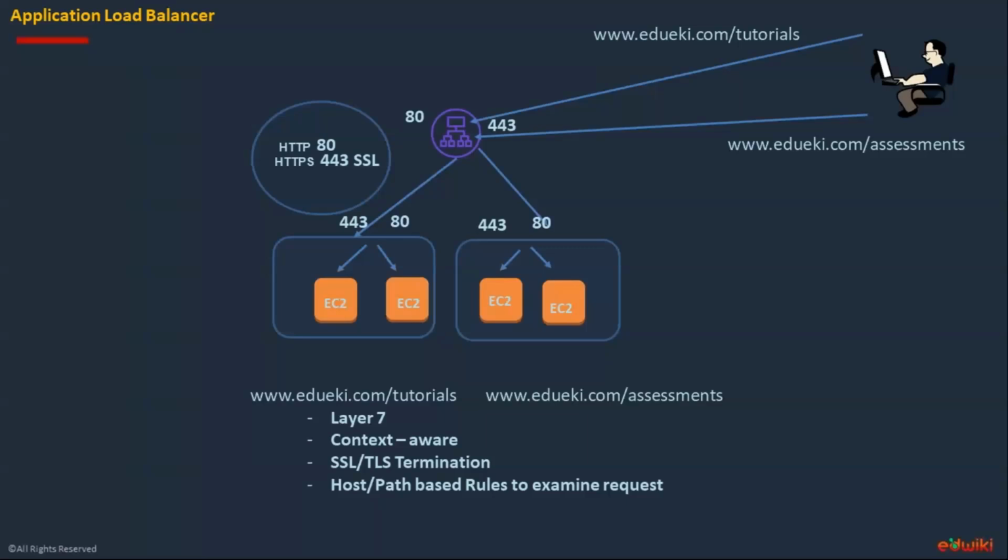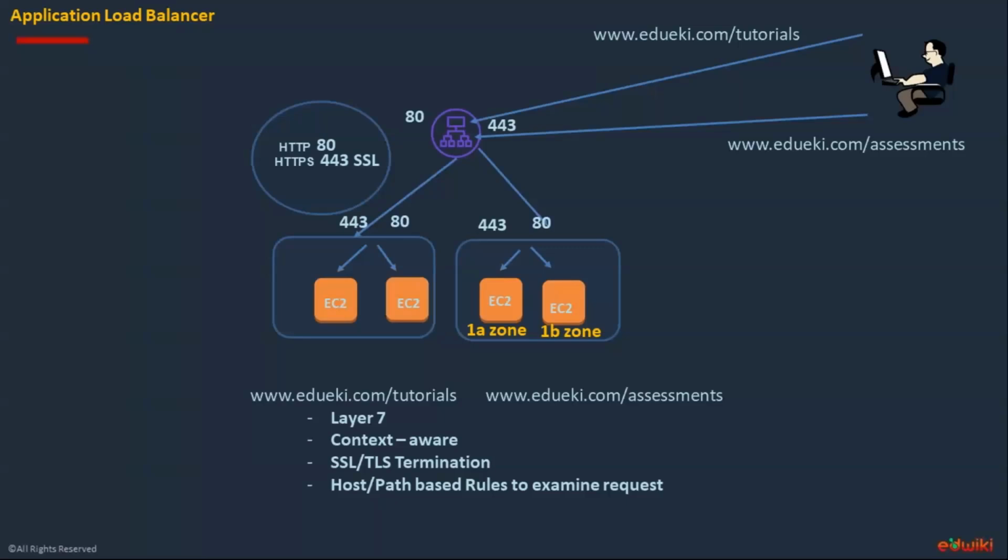So whenever you are trying to make a highly available application, you make more than one EC2 server, good, and ensure that your servers are distributed into multiple zones. One server you keep in the 1A zone, another server you keep in the 1B zone.